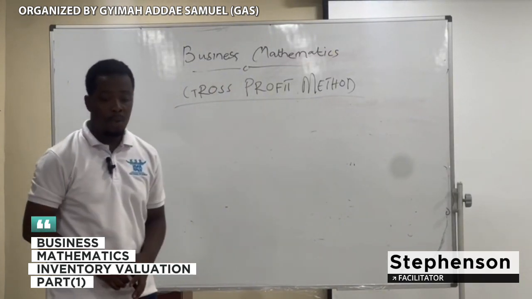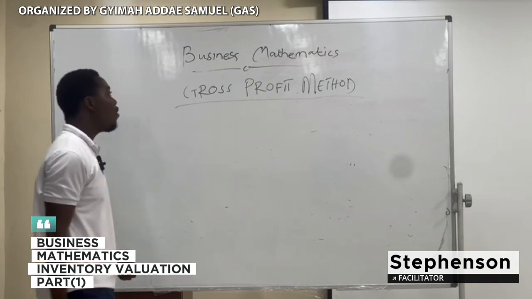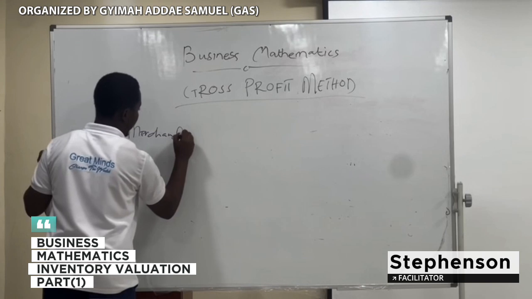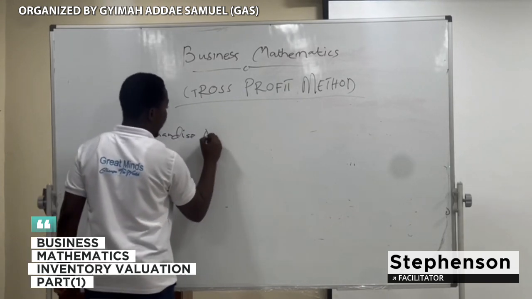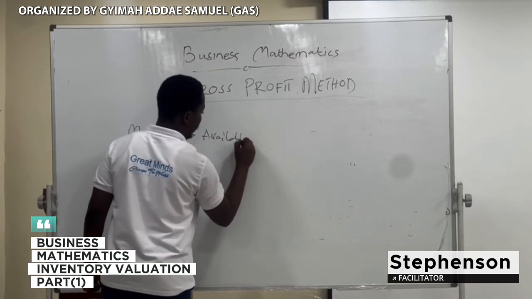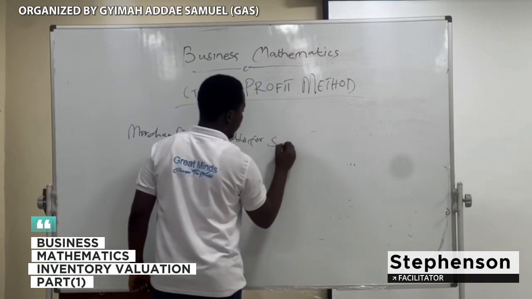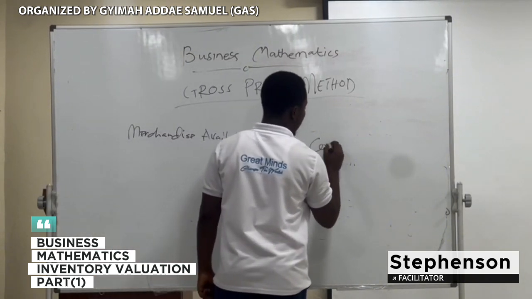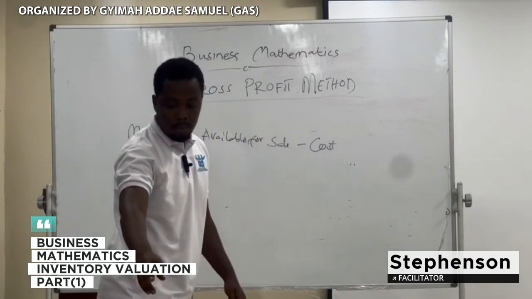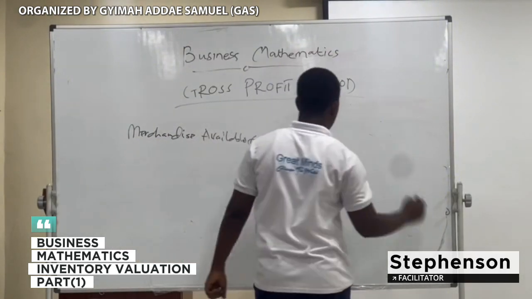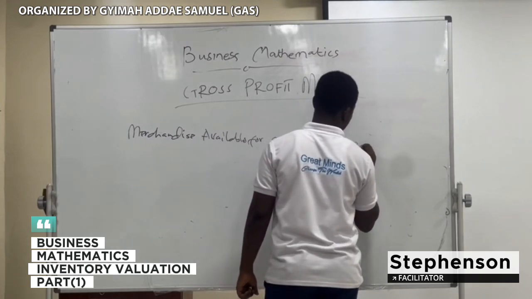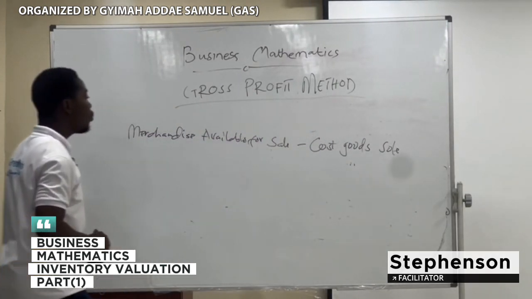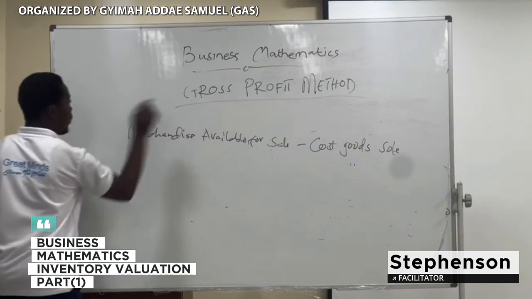With the gross profit method, it's a formula way, whereby you have the formula to be merchandise available for sale minus cost of goods sold.